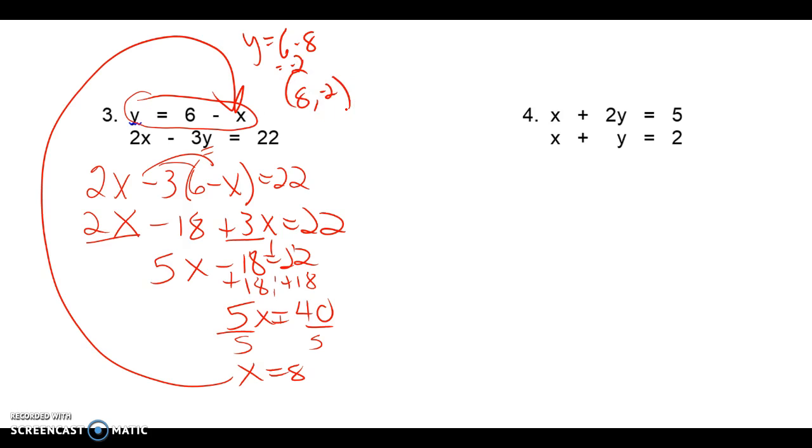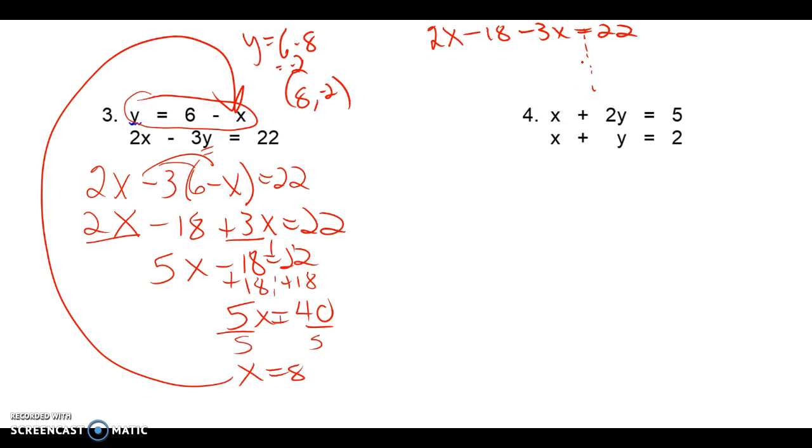I want to caution you that when you are doing the algebra, where you're trying to add something to both sides of the equation, you have to make sure that you are adding on both sides. So let's say I have 2x minus 18. This is the equal sign, right?